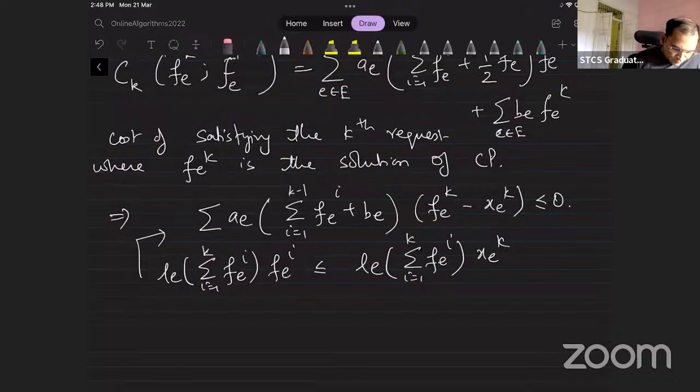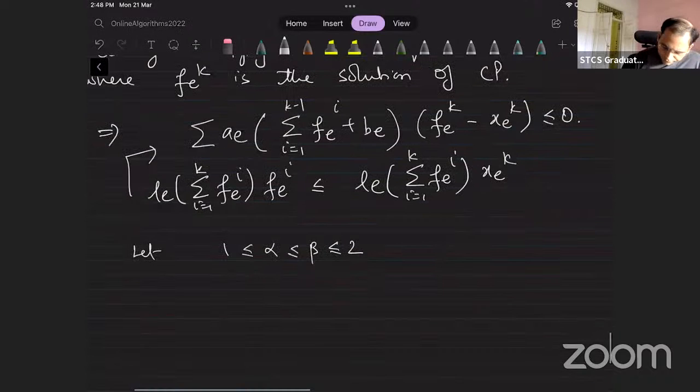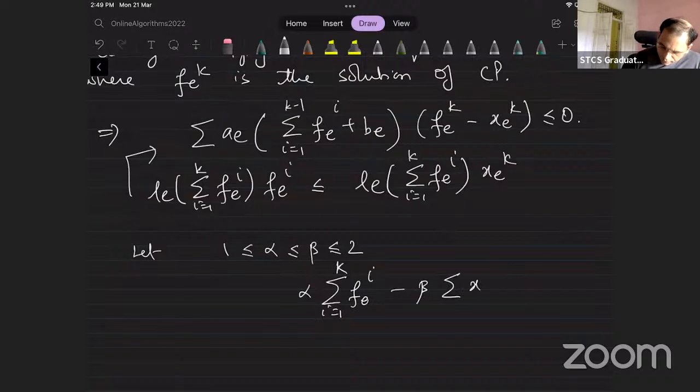Okay, now some elementary inequalities. Let alpha be something larger than 1, less than a beta, which is less than 2. So alpha and beta are some numbers between 1 and 2. Alpha times the sum of FEI, I going from 1 through capital K, minus beta times the sum of XEI, I going from 1 through capital K. Once I square this, it is always greater than or equal to 0.